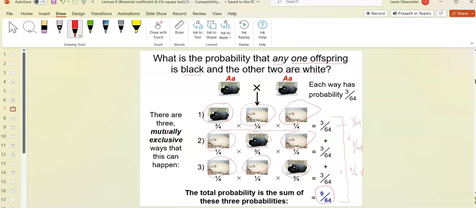And so the rule of addition says, because these are not exclusive, they're not independent events of one another, right?